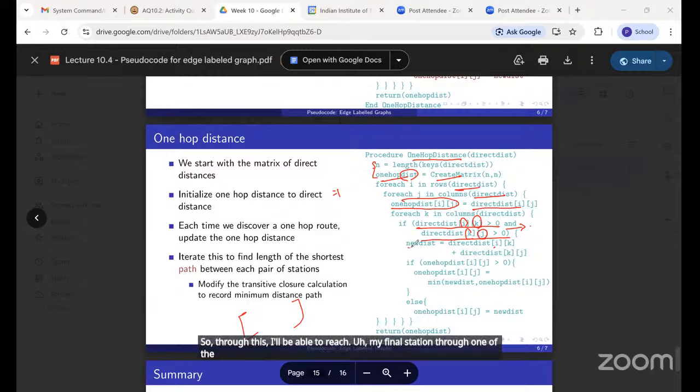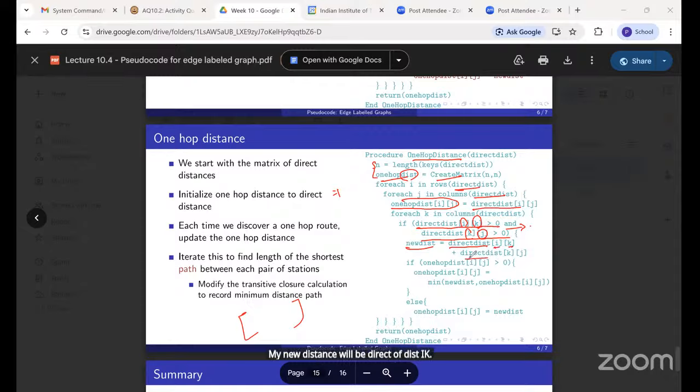So my new distance will be direct of dist ik plus direct of dist kj. This is my new distance through the intermediate station. Again, you have to check whether the one-off value is greater than 0 or not.